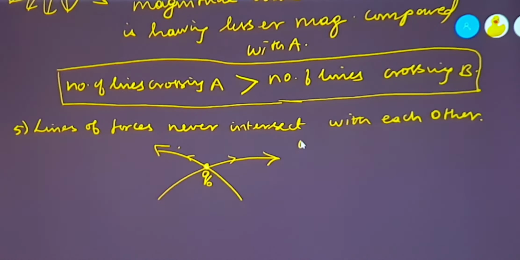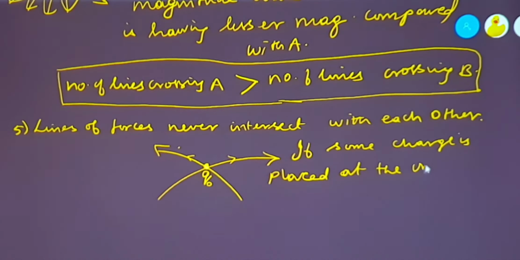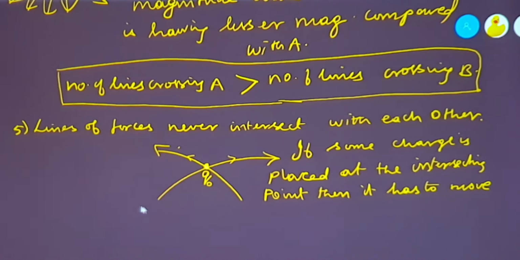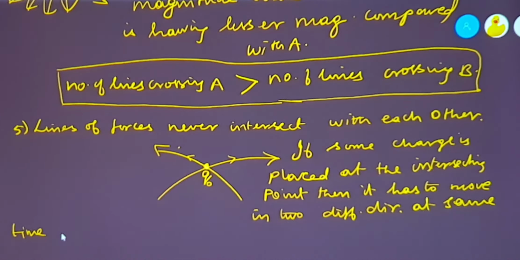Let us write the reason. If some charge is placed at the intersecting point, then it has to move in two different directions at the same time, which is not possible.